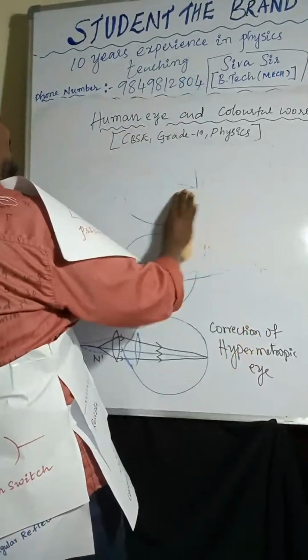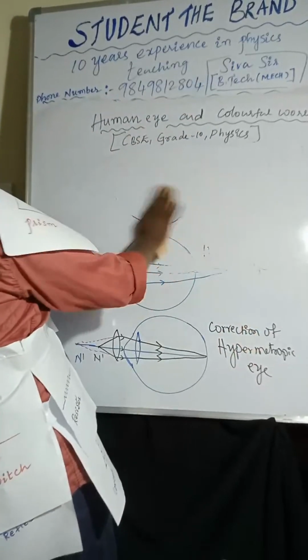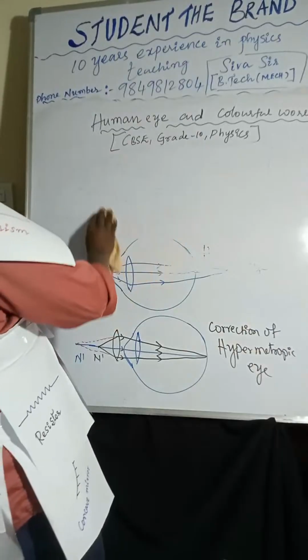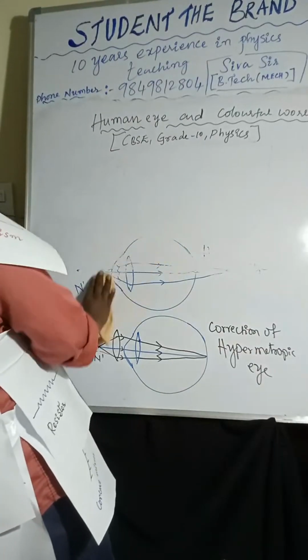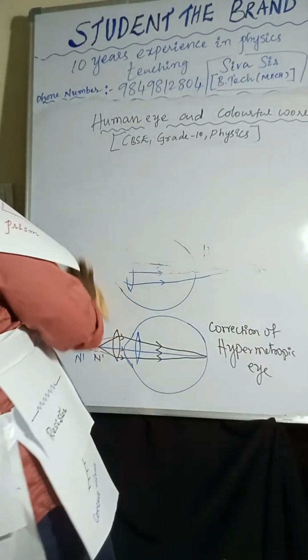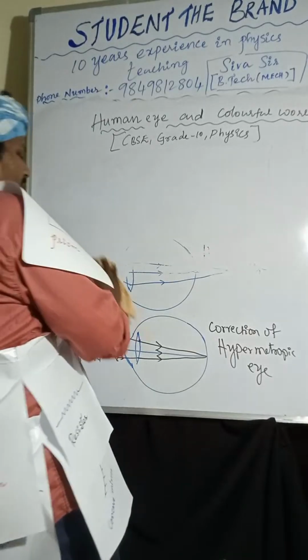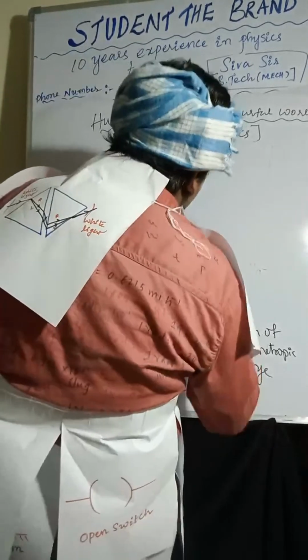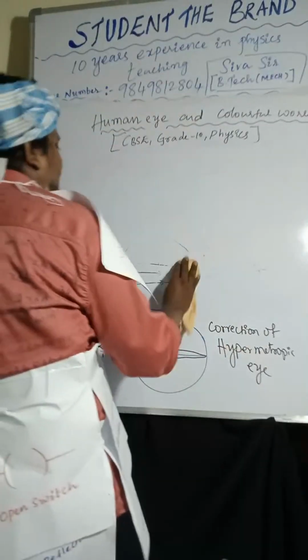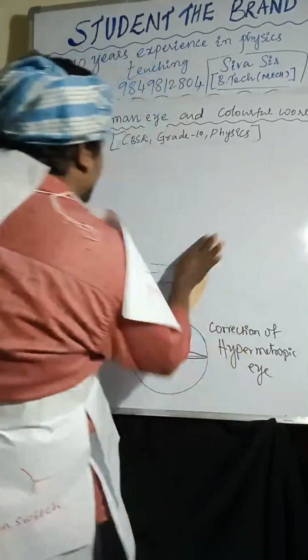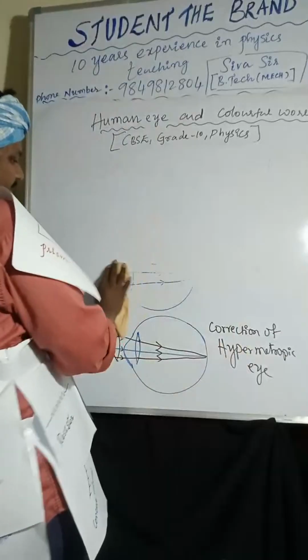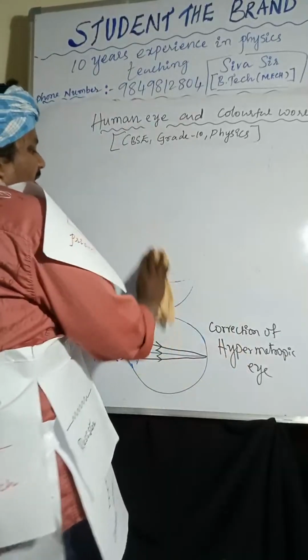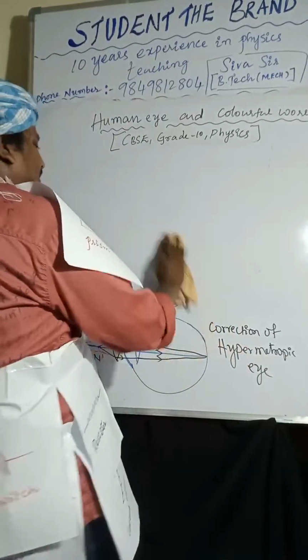Hypermetropia, myopia. In myopia, near distance we can see. For that correction we are using a concave lens.